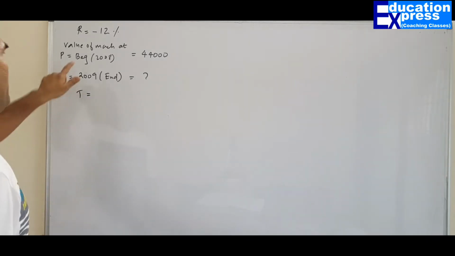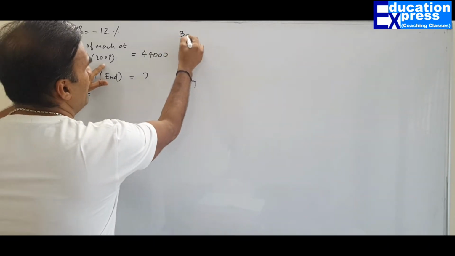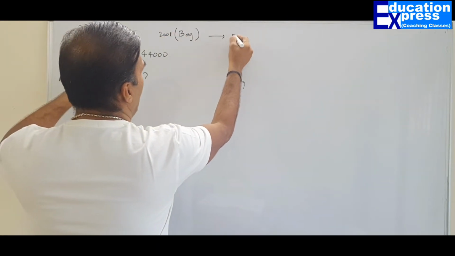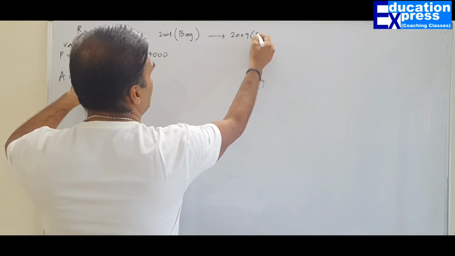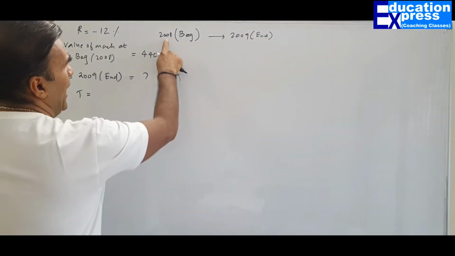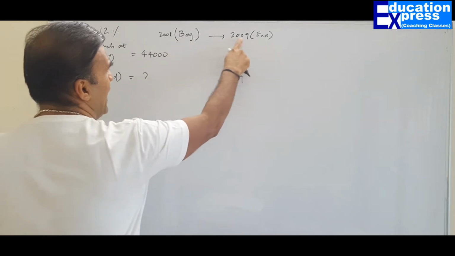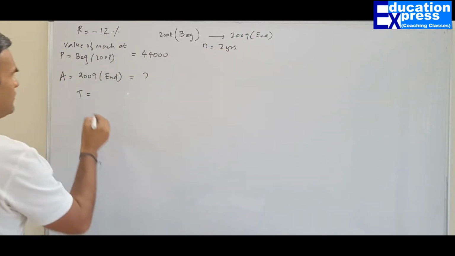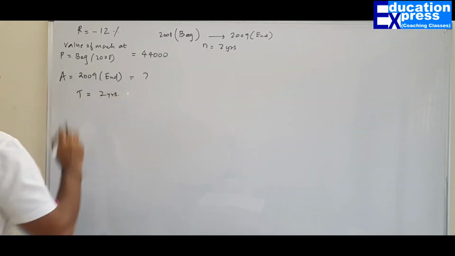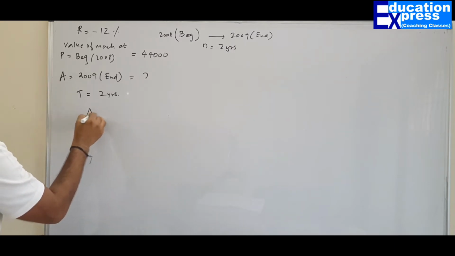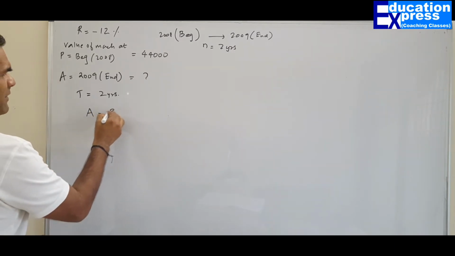Beginning of 2008 to end of 2009: as I told you, the disclaimer at the beginning of the class, entire 2008, entire 2009. So that will be 2 years of time. The question seems very simple because all the parameters required for solving the question are available.